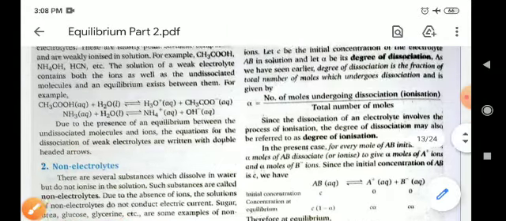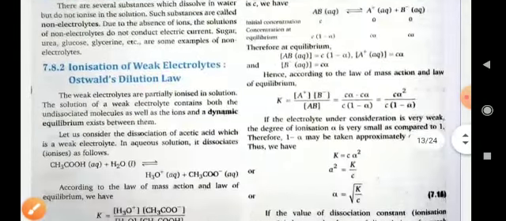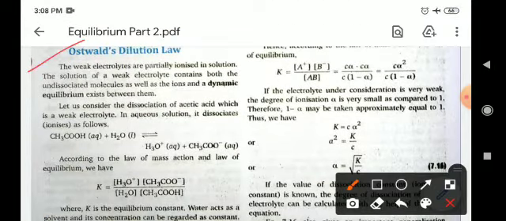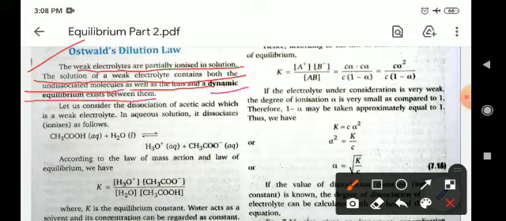Now come to the ionization of weak electrolytes, or Ostwald dilution law. Weak electrolytes are partially ionized in solution. As we know, the solution of a weak electrolyte contains both undissociated molecules as well as ions, and a dynamic equilibrium exists.